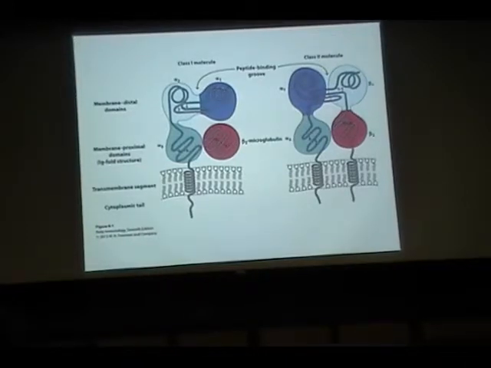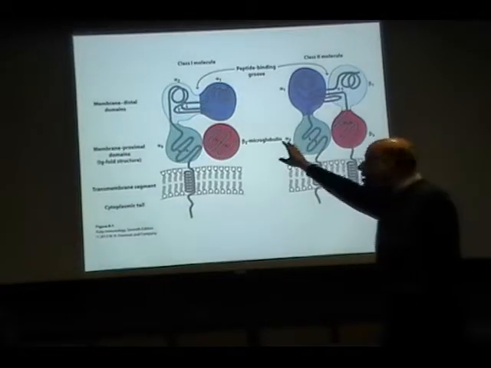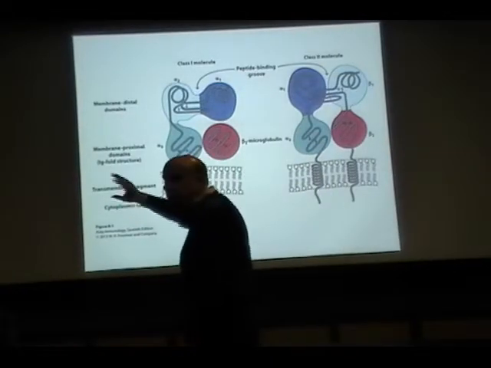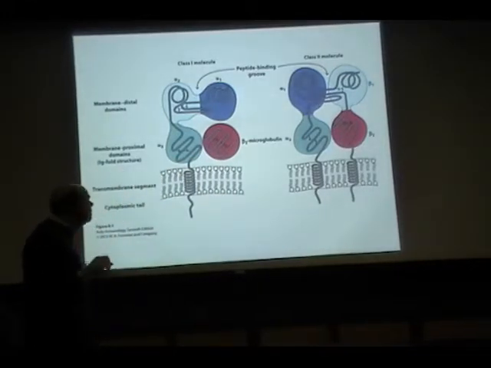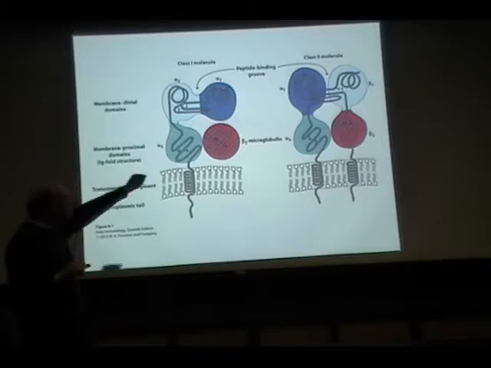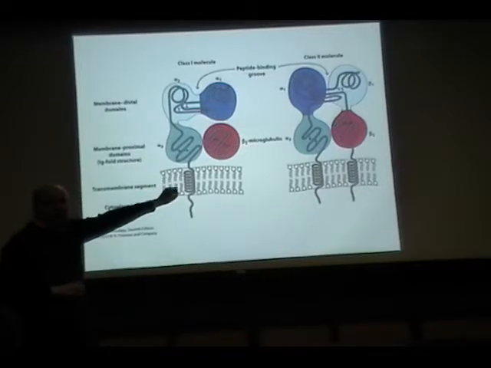We have two types of antigen-presenting proteins. I haven't given them a name yet, but notice that one is called class 1. You may have noticed in the previous slide there was a class 1 and class 2 as well. I didn't point that out on purpose. There's a class 1 molecule and a class 2 molecule for presenting antigen.